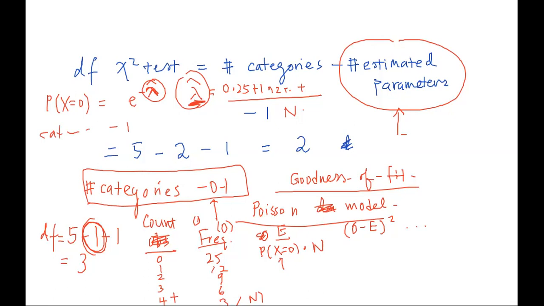For example, in some situations, when you want to test for proportion, say you have 3 types of things, A, B, and C. They occur with the following proportions: 0.3, 0.2, and 0.5.